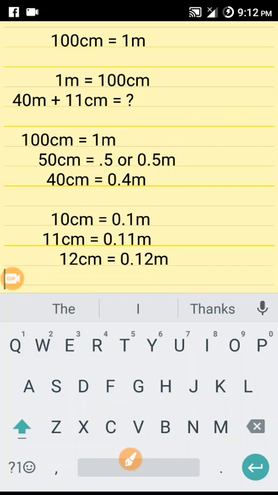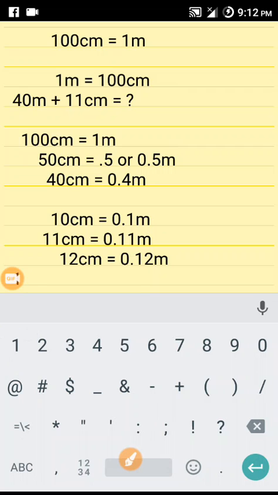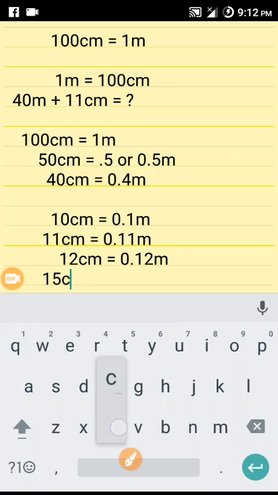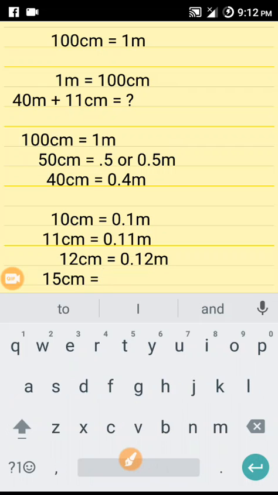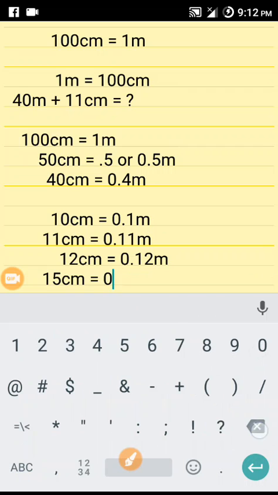If you have 15 centimeters, it will give us 0.15 meters.